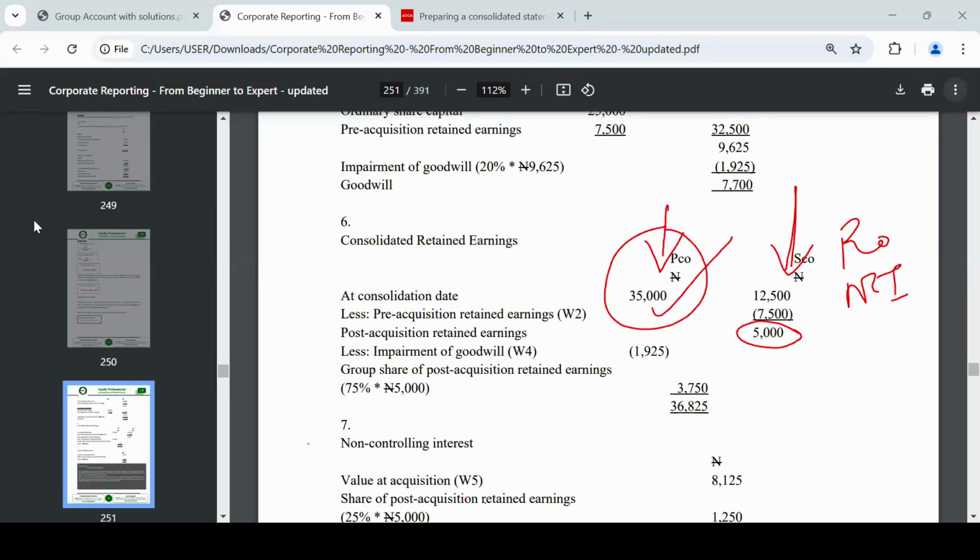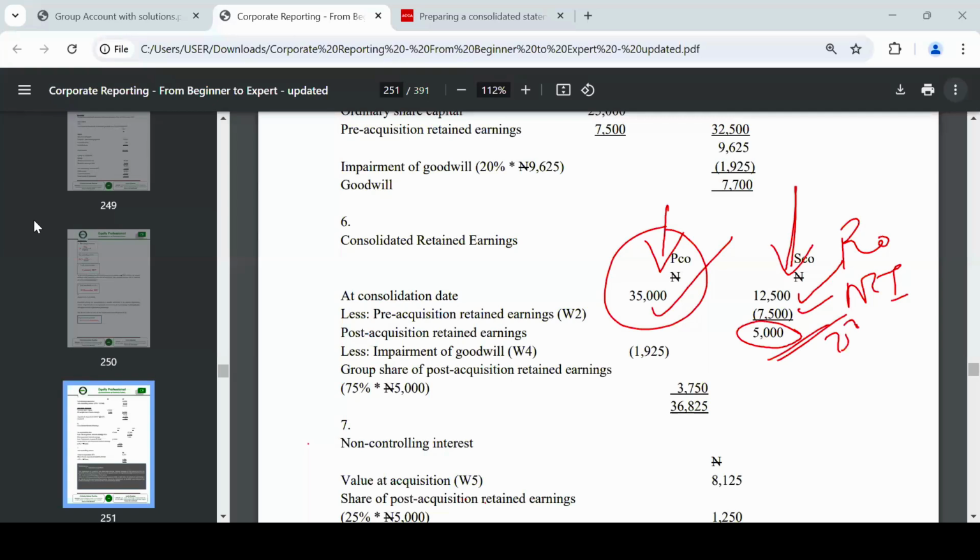What is the retained earning of ESCO? 12,500. However, of this 12,500, only 5,000 is post-acquisition. How did we know that? We took out the pre-acquisition retained earnings. Meaning that this is the 5,000 that we are going to share between PICO and NCI.